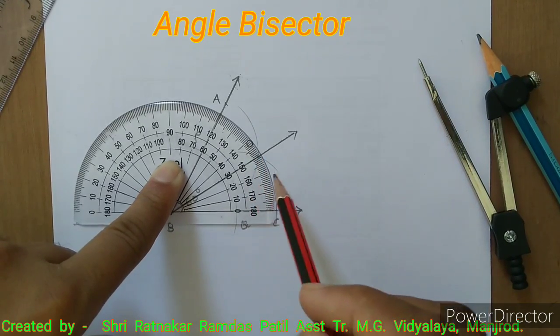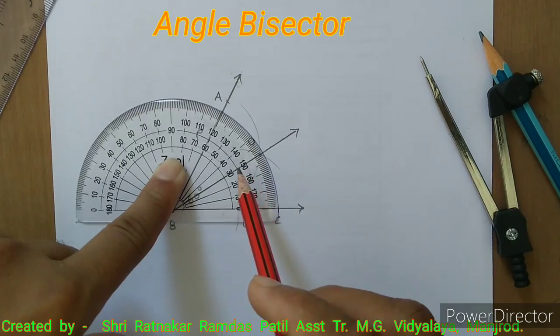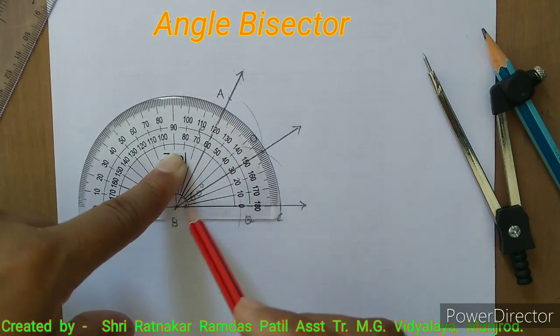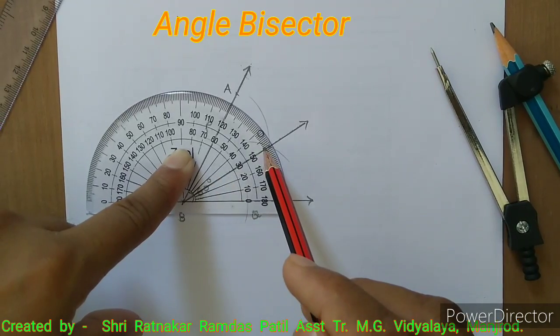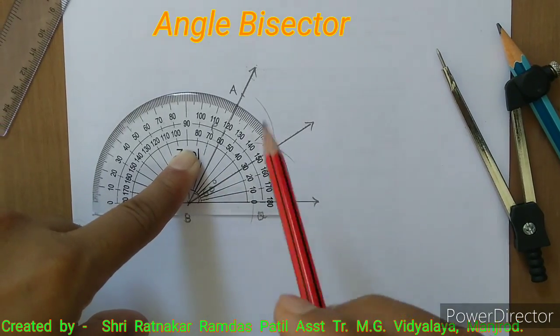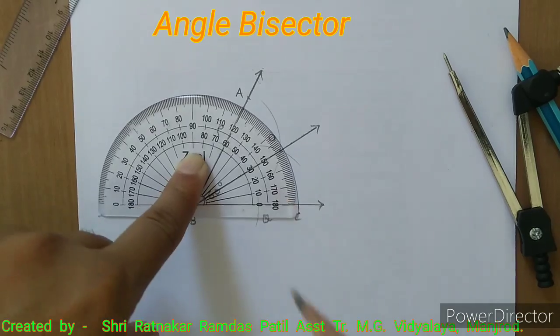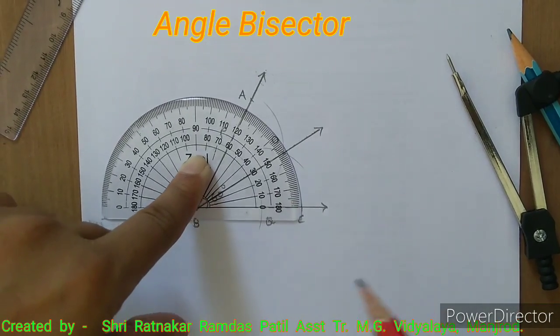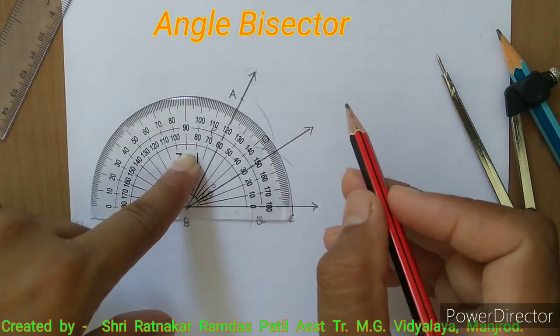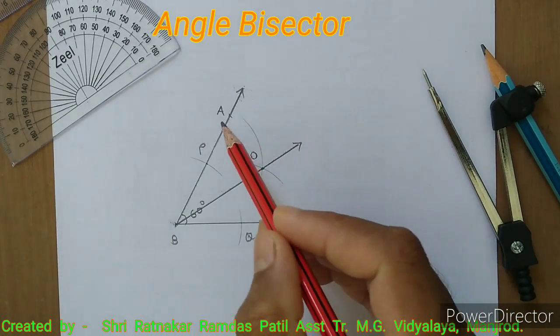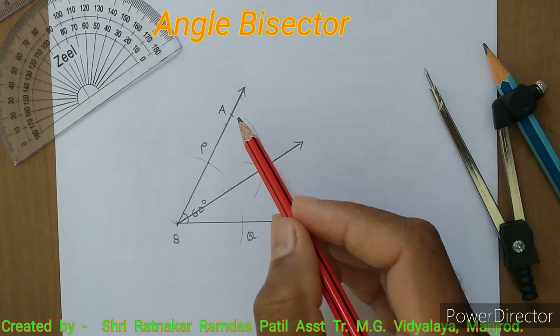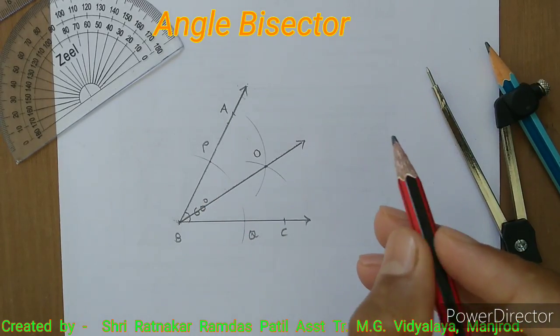Therefore the measure of angle ABO is 30 degrees and the measure of angle OBC is also 30 degrees. From that we can say BO is the angle bisector of angle ABC.